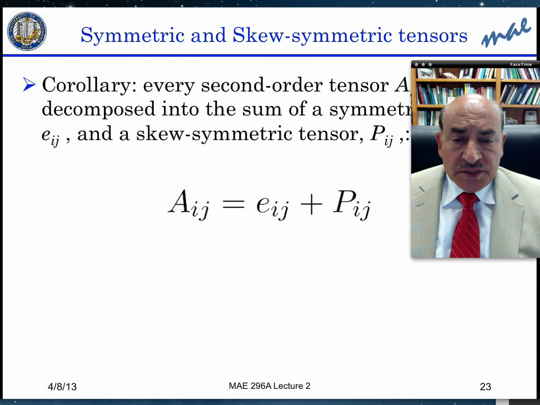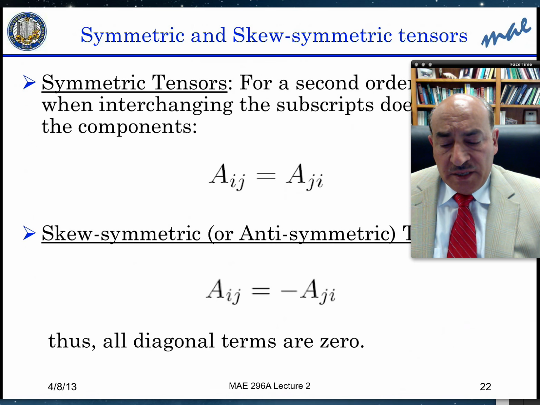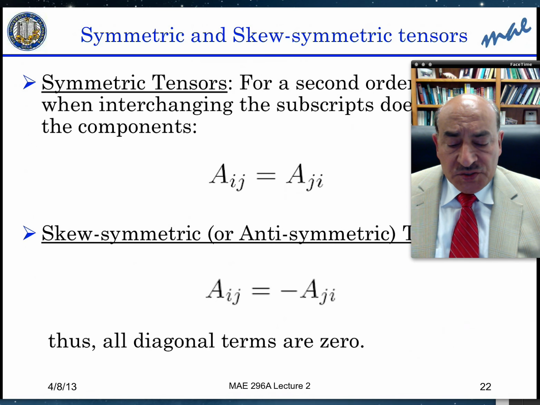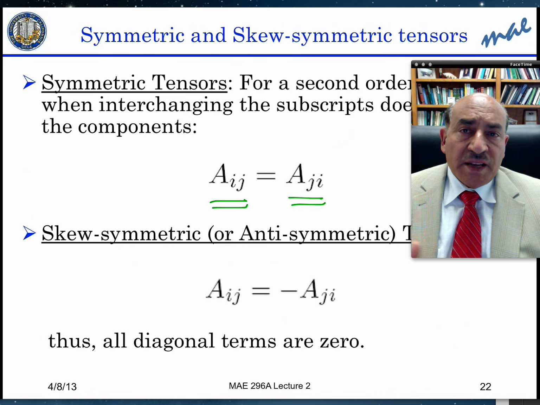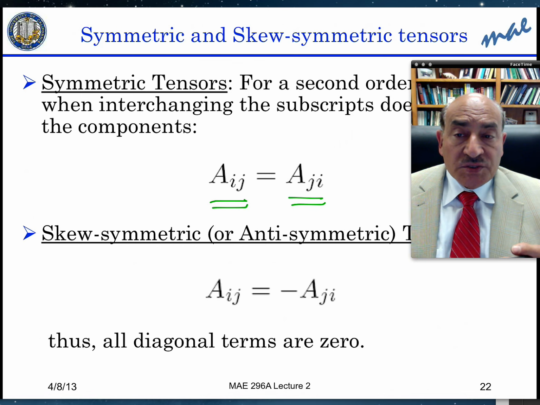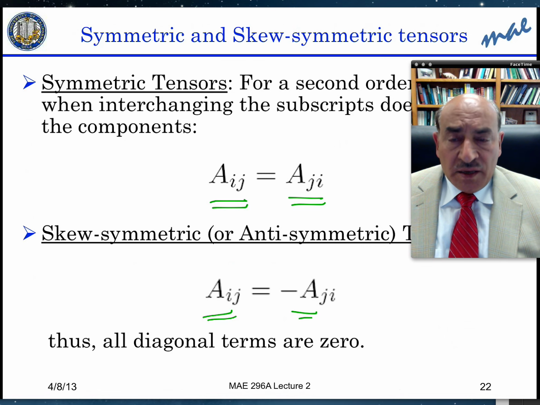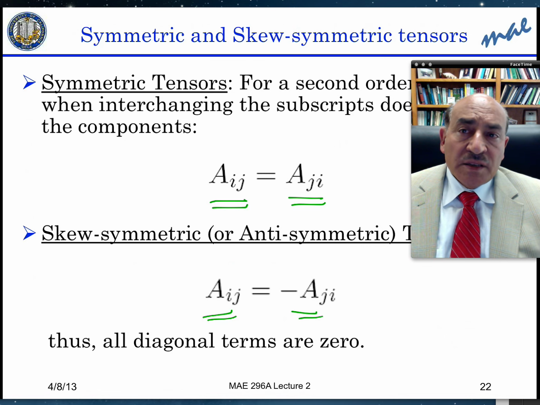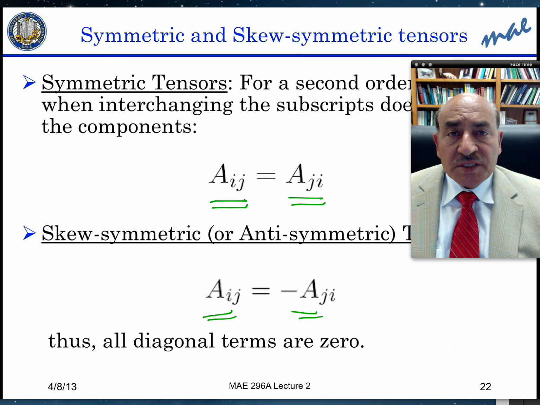One final note is about symmetric tensors. Symmetric means that it's a matrix where the off-diagonal terms must be equal, so Aij is the same as Aji. We call this a symmetric tensor. If the off-diagonal terms are equal but opposite in sign, we call this skew-symmetric.